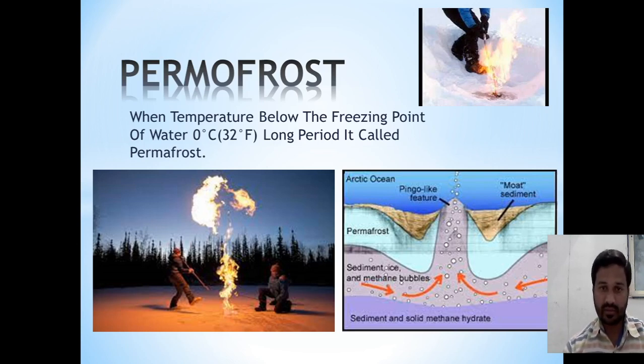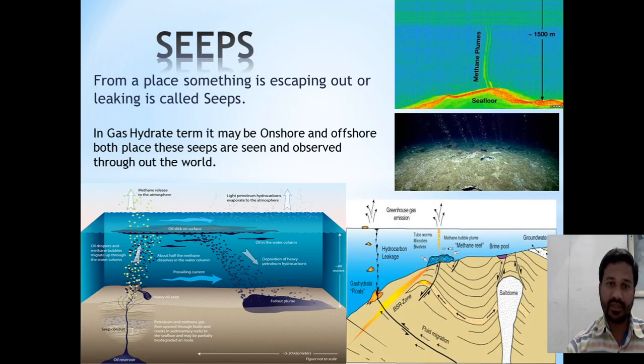If we talk about the terrestrial side, these gas hydrates need permafrost conditions, where the temperature is below the freezing point of water, 0 degree Celsius or 32 Fahrenheit, for a longer period. It is called the permafrost condition. We will see it again.